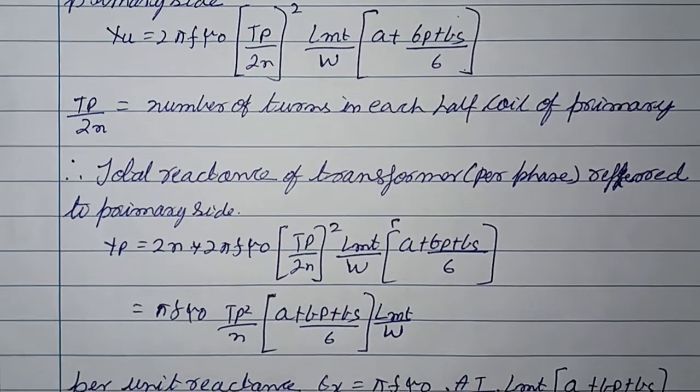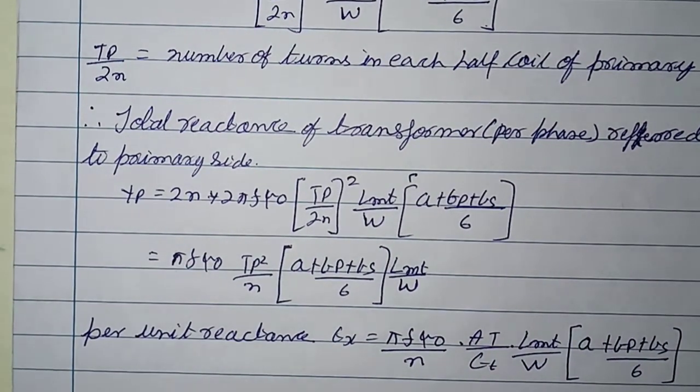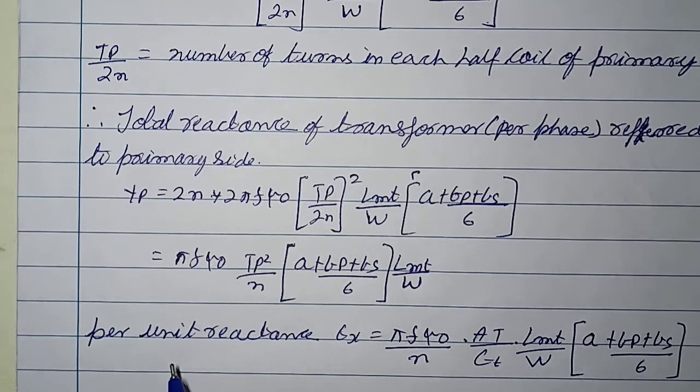Then the per unit reactance Ex is nothing but I into X by V. From that I, in combination with one of the Tp, becomes AT, and the other Tp by V is the inverse of the voltage per turn.